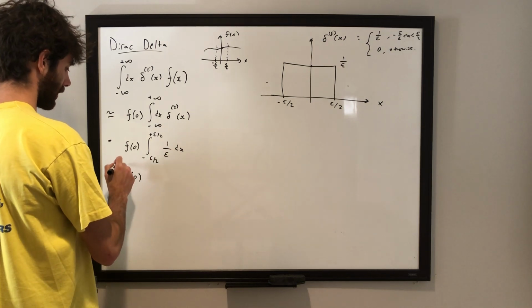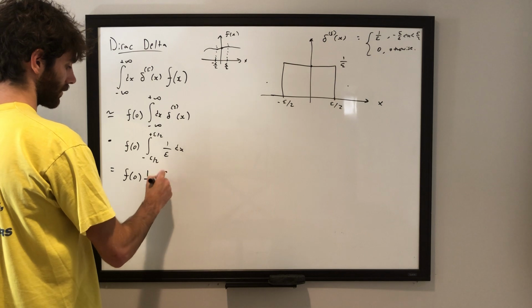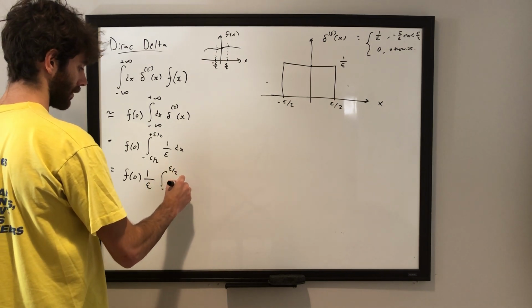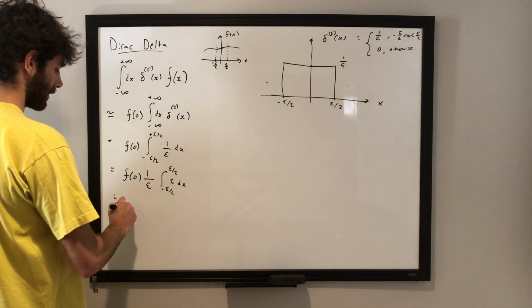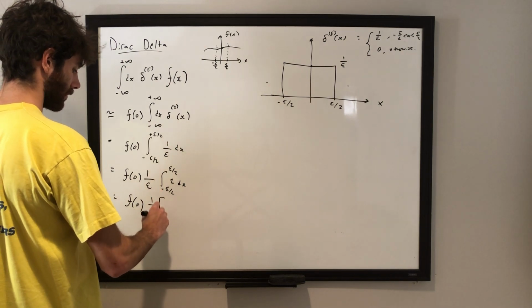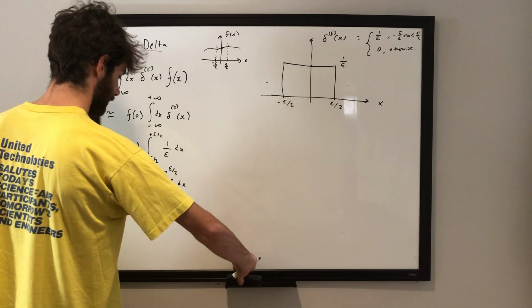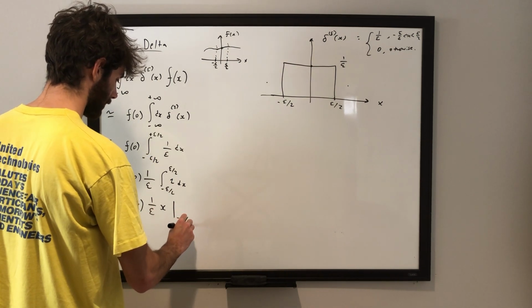We'll pull out the 1 over epsilon first, and then this integral is just dx with an argument of 1, which evaluates to x, and then we evaluate at the limits.